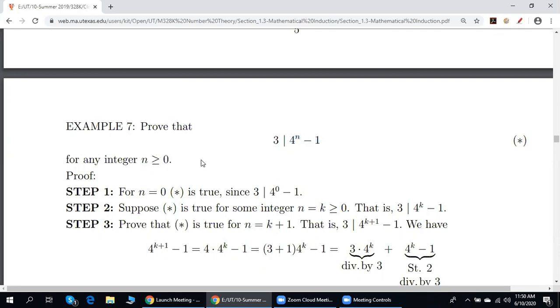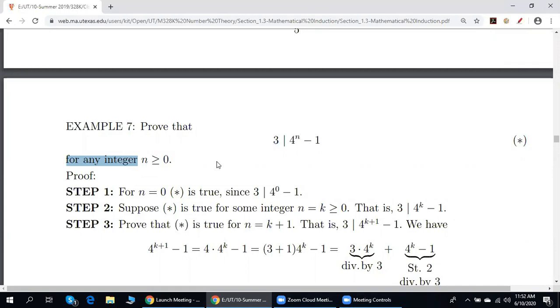Now, you may ask the question, what does it mean, 3 divides? 3 divides 4 to nth power minus 1 means the following. 4 to nth power minus 1 can be written as 3 times k, where k is an integer. So, we want to prove that 3 divides 4 to nth power minus 1 for any integer n greater or equal to 0.